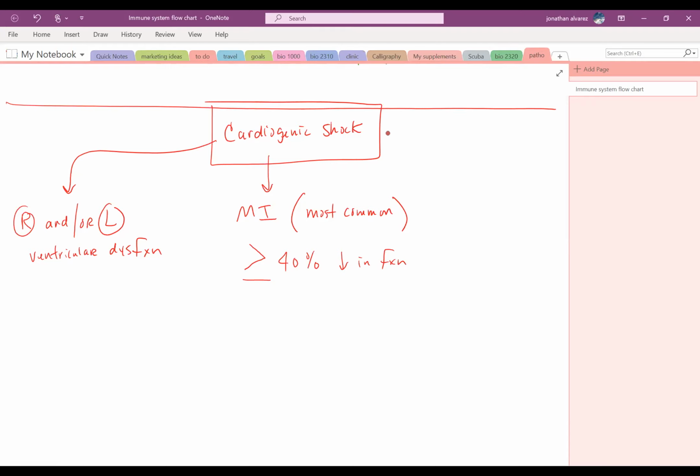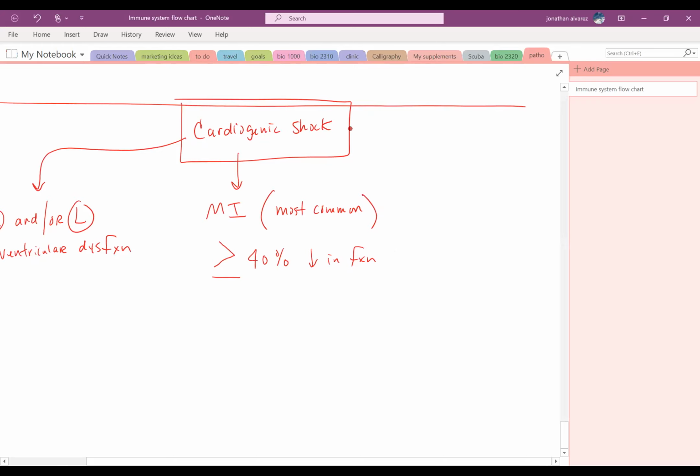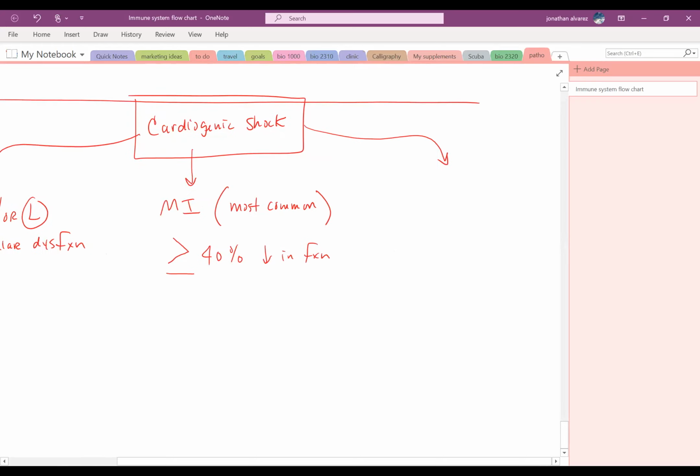Okay, and another one could be just different cardiomyopathies. Okay, so cardiomyopathies is just some sort of dysfunction of the heart.